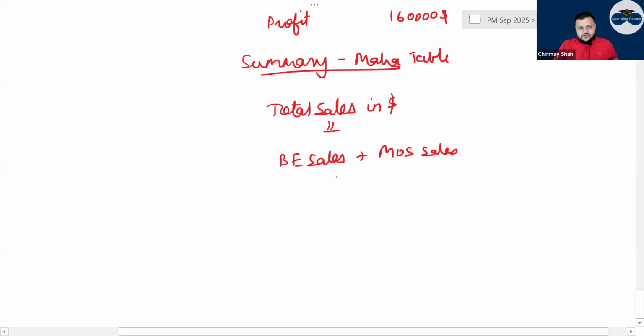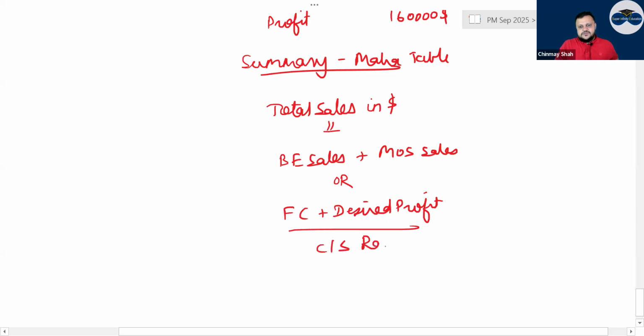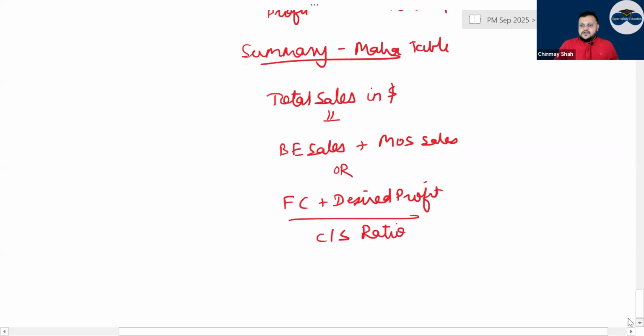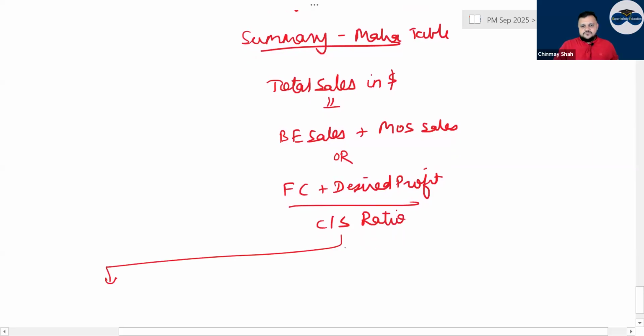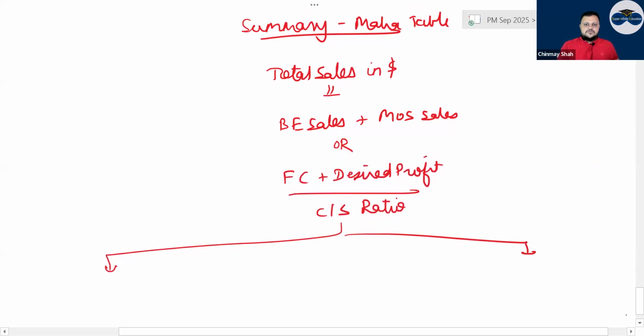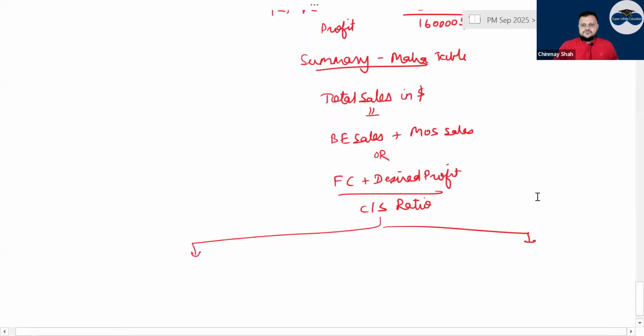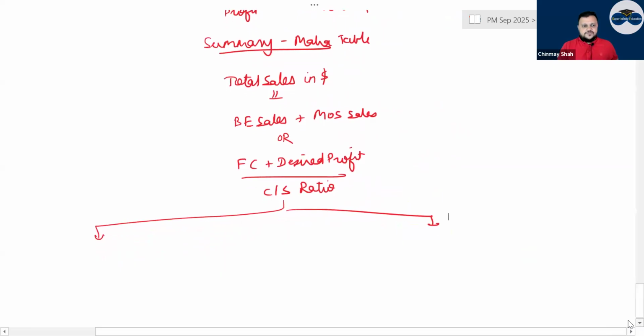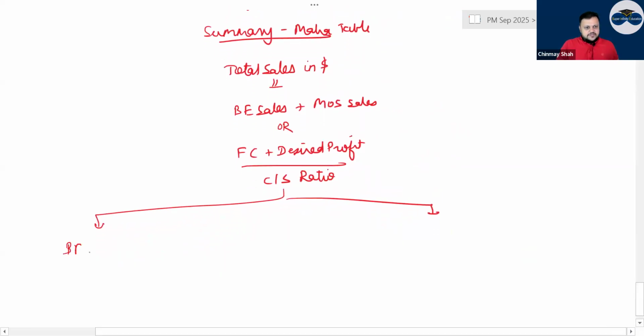Or else you could do, hear me out, fixed cost plus desired profit divided by C/S ratio. Then divide this into two parts: break even sales and MOS sales. One way is total sales minus MOS sales.